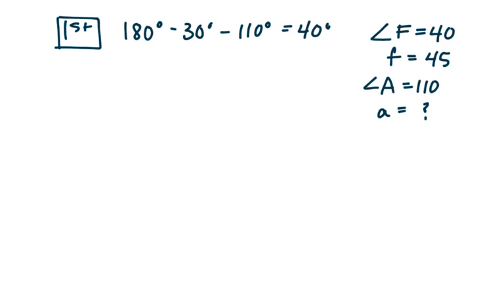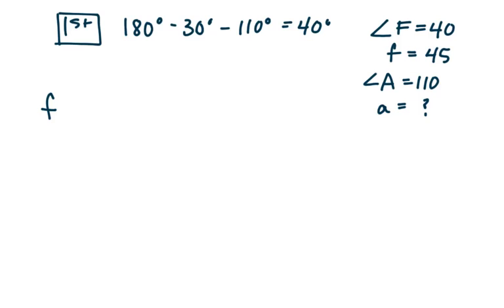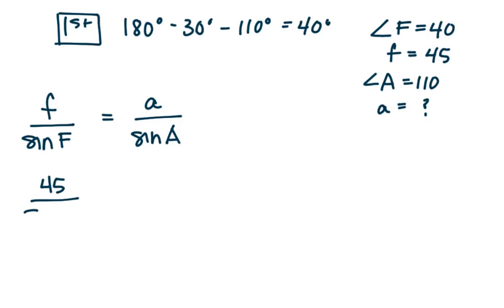So setting this up, I'll say f over the sine of F equals a over the sine of A. Or 45 over the sine of 40 equals little a over the sine of 110.